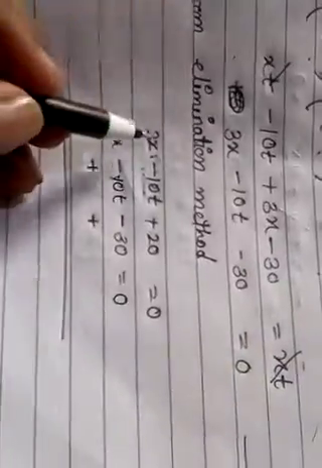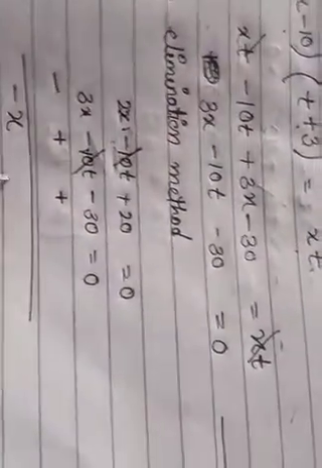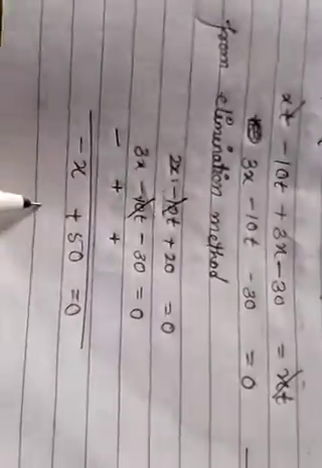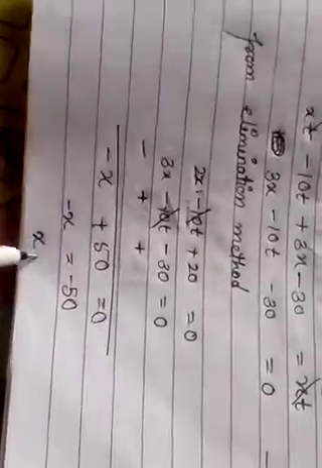Now I am subtracting 3x from 2x, so it will become minus x, this will be cancelled out, and this will be plus 50. So minus x equal to minus 50 and x equal to 50. Now our speed is 50 km per hour, as we see x equal to 50.